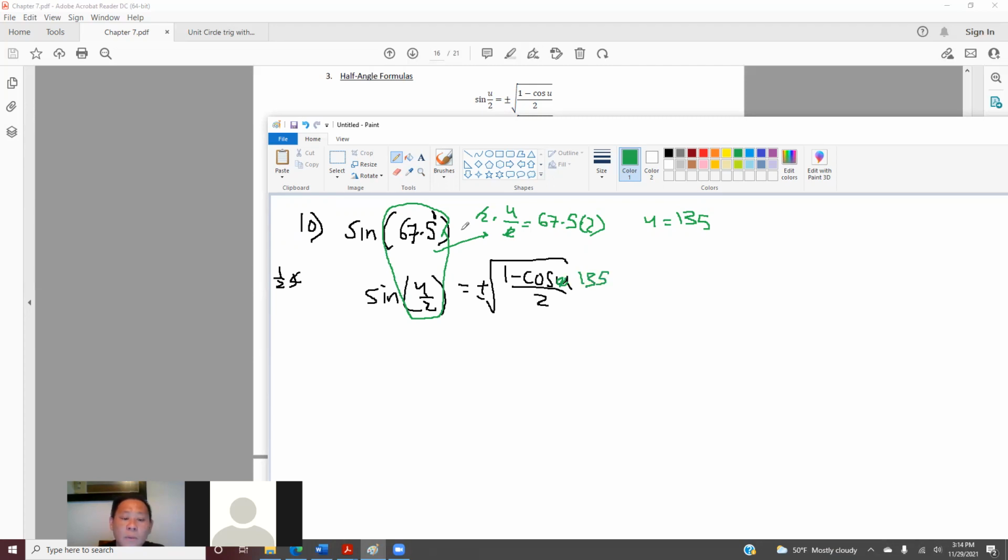Now, can someone tell me what quadrant this 67.5 belongs to? 67.5 degrees is in quadrant 1. And for quadrant 1, sine is positive or negative?